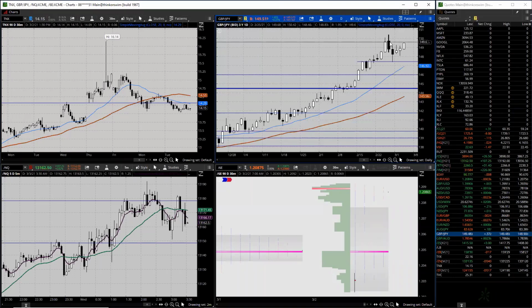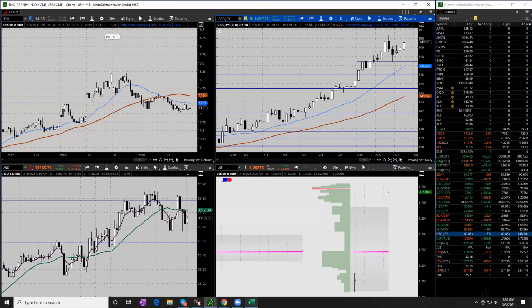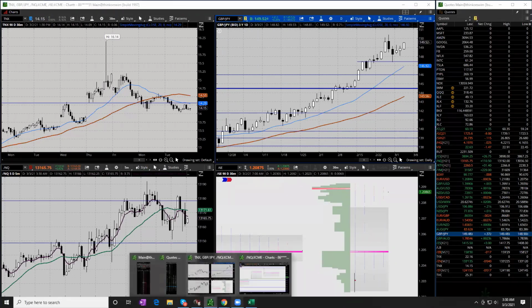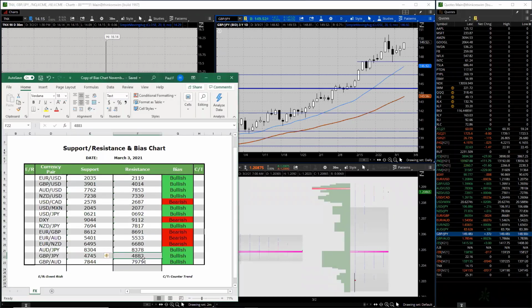Resistance can be right there, 49.63. Support is just going to be yesterday's lows, 48.08.